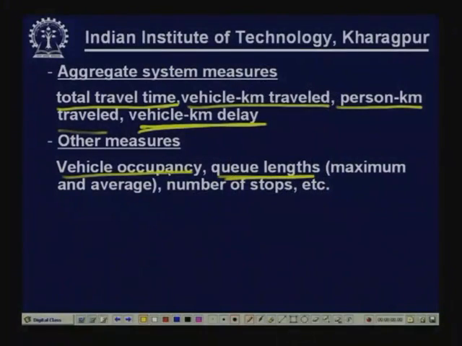You can measure the performance of a signalized intersection in terms of the queue length during the peak hours or peak periods, either the average queue length or the maximum queue length. Sometimes you use measures like the number of stops made during a journey. All these are used as quantitative measures, and many are also used for defining the level of service.